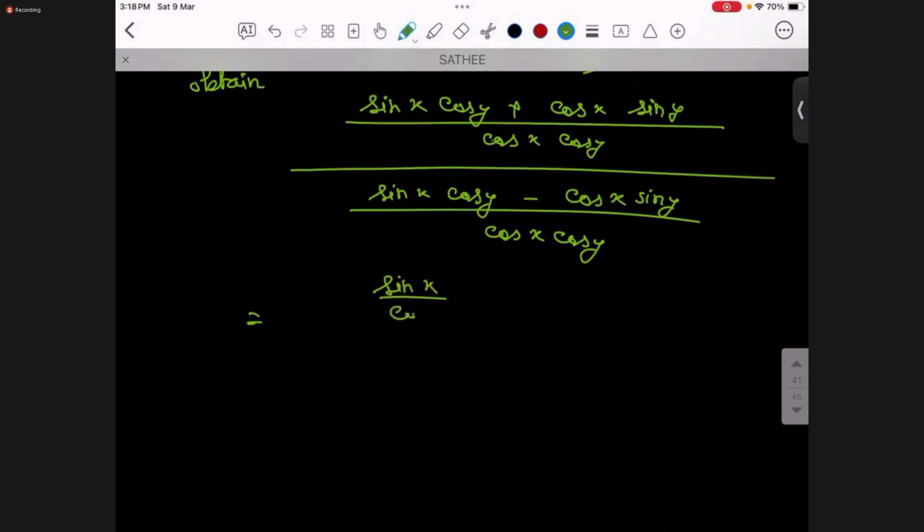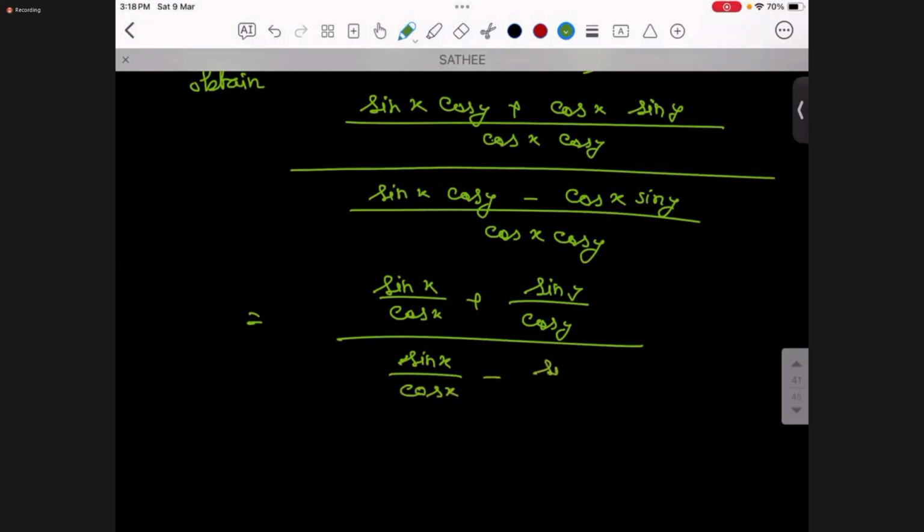sin x by cos x, sin y by cos y, sin x by cos x, sin y by cos y.